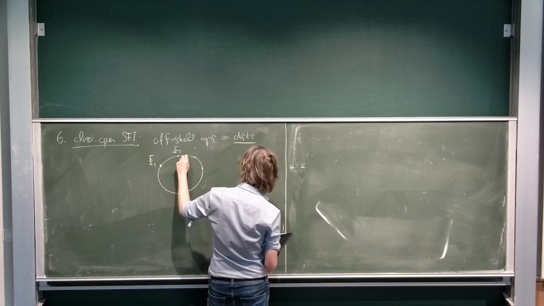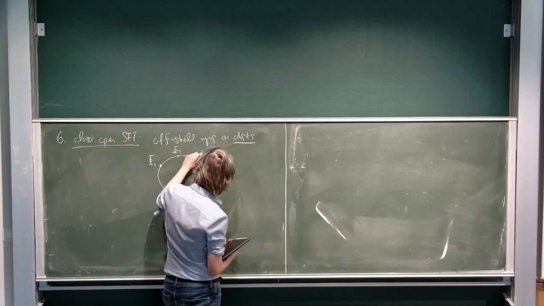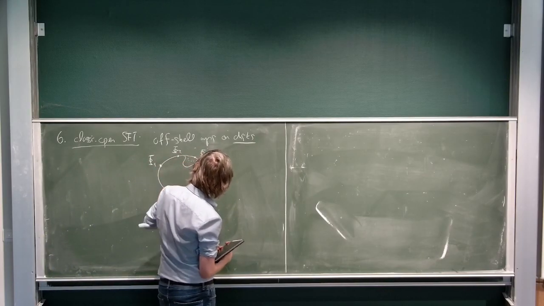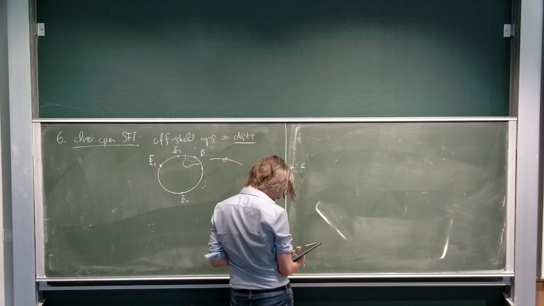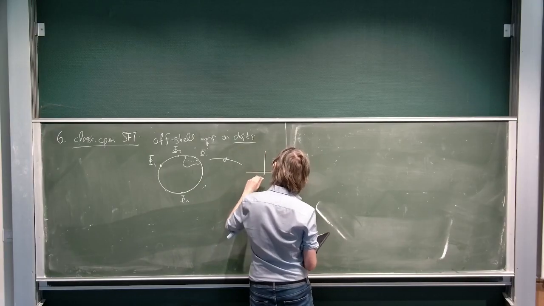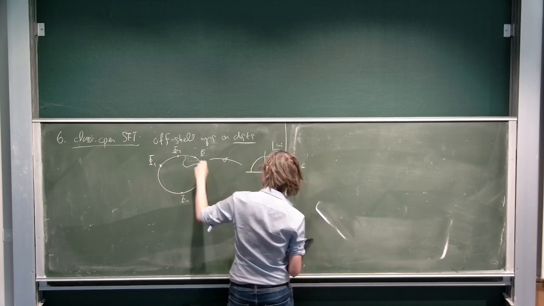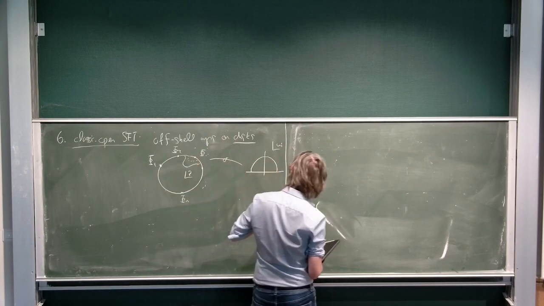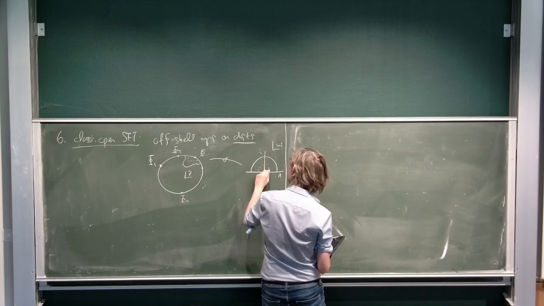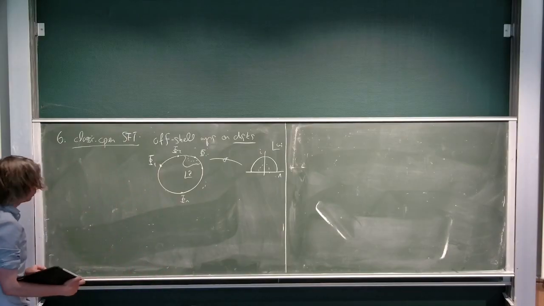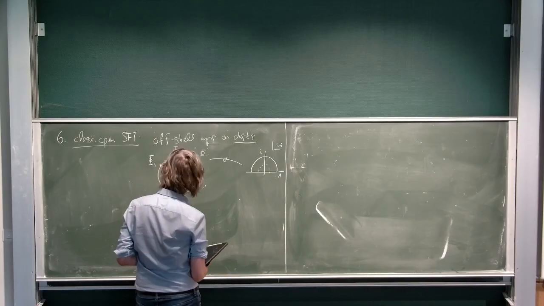And again I would be making a choice of local coordinates around each of these punctures, where this time I map a half disk region to a unit half disk in each of the local coordinates. So this is z_i, and this is w_i. That would be an analogous picture to what I was drawing in the closed string case. So that would be the integrand.